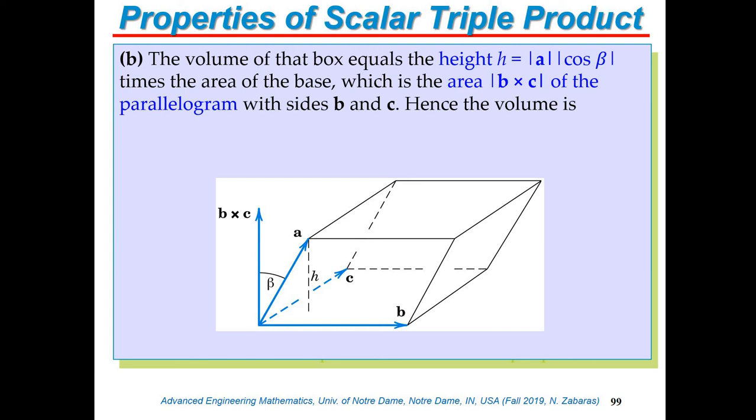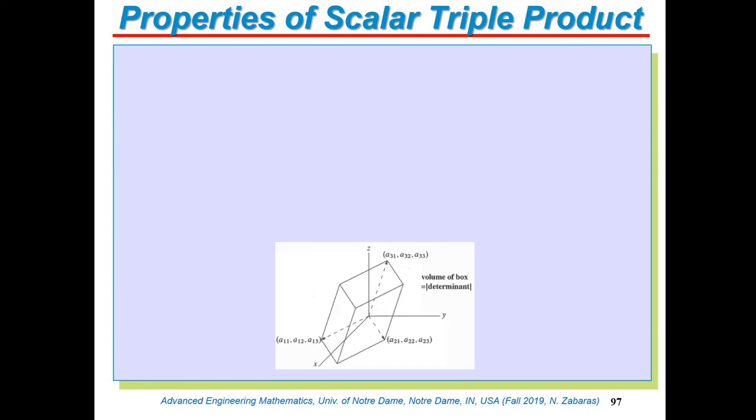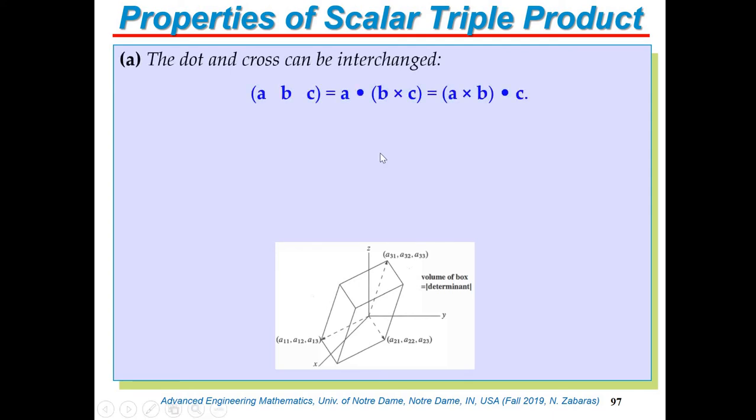Because this is a volume, you can pose lots of interesting theorems here. For example, you can immediately see that when you compute the volume, you can use one side of the parallelogram defined by vectors B and C, but you can use another side defined by the vectors A and B. So you anticipate that A dotted with B cross C should be the same as A cross B dotted with C, and that's indeed the case.